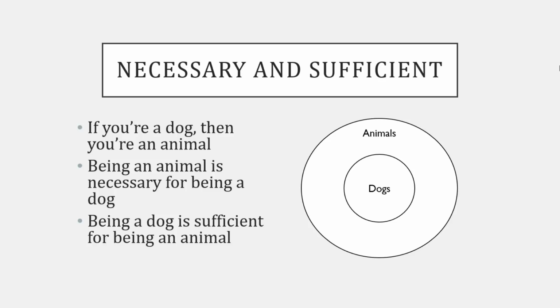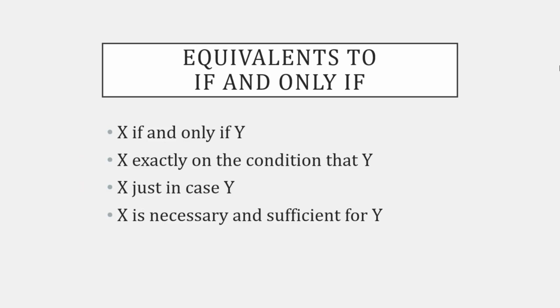Anytime P is true, Q is true, and anytime Q is true, P is true. So necessary and sufficient is our if and only if. This is the biconditional. The biconditional is equivalent to if P then Q and if Q then P. It's just two conditionals going in opposite directions.